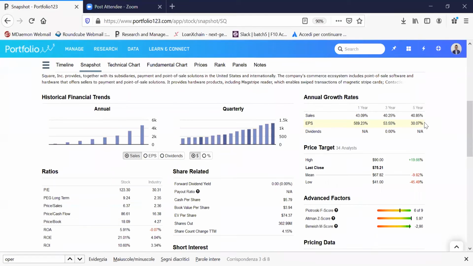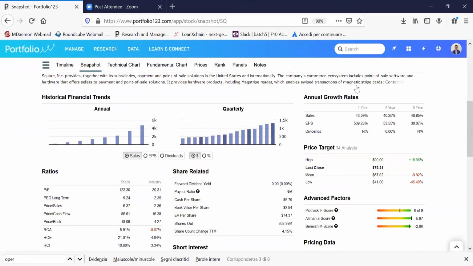Right now, what the management is doing is not looking at the bottom line, which is, for example, earnings, because they are investing as much as they can directly into the growth of the company.